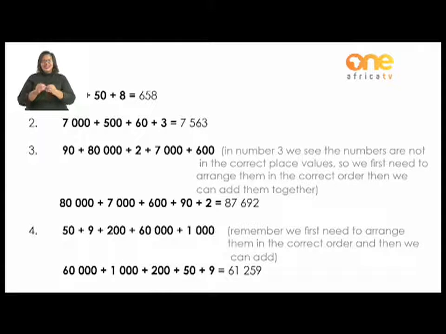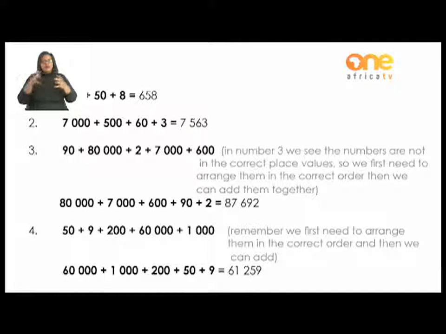They didn't write it according to the real values. So what we need to do first, we need to first arrange them in the correct order, and then we can add them together. So we're going to arrange them from the biggest number to the smallest.